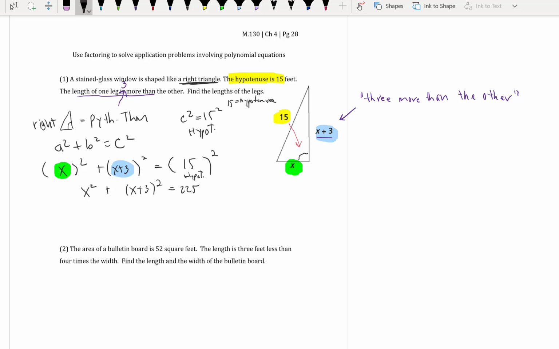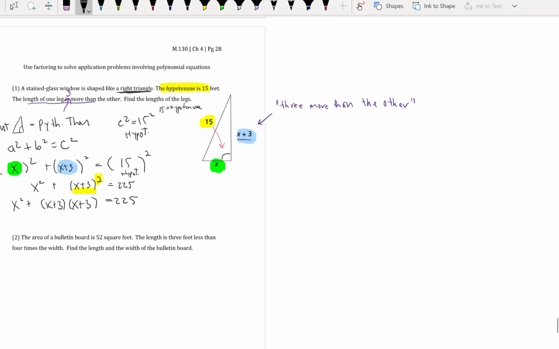So then from here, what you want to do is go ahead and FOIL this out. So you have your x squared plus, and this term is really telling you to write it twice, right? Since it's an exponent. So you have your (x plus 3) times your (x plus 3) is equal to your 225. So I'm going to go ahead and give myself some more room.